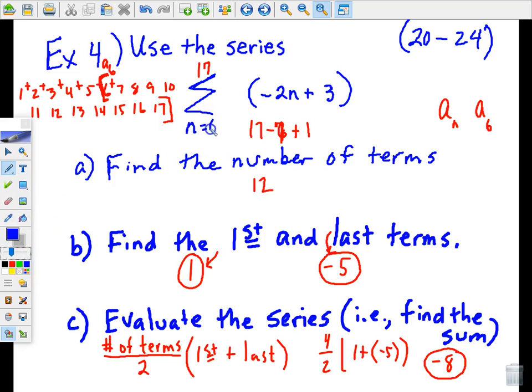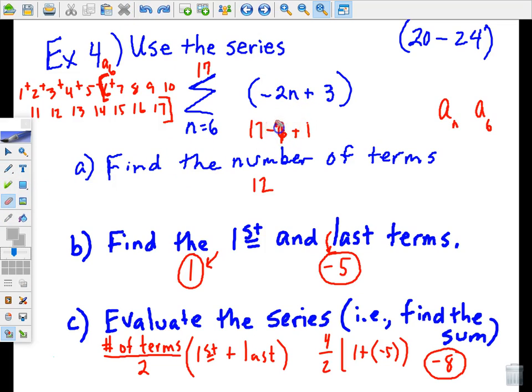And then I'll put this back to 6. With n equals 6, it also affects how I find the first term. Some people have the idea that if they want to find the first term, they always plug 1 in for n. Well, that's not true.